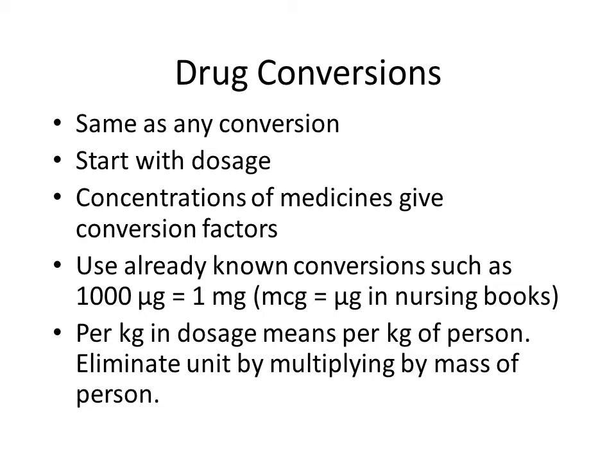So in your calculations, you have to eliminate that unit by multiplying by the mass of the person. Realize if the dosage is given in per kilograms and the mass of your person is given in pounds, you have to do a kilogram to pound conversion somewhere in that problem. Just make sure that your units cancel out. If you make sure your units cancel out, you'll be fine.